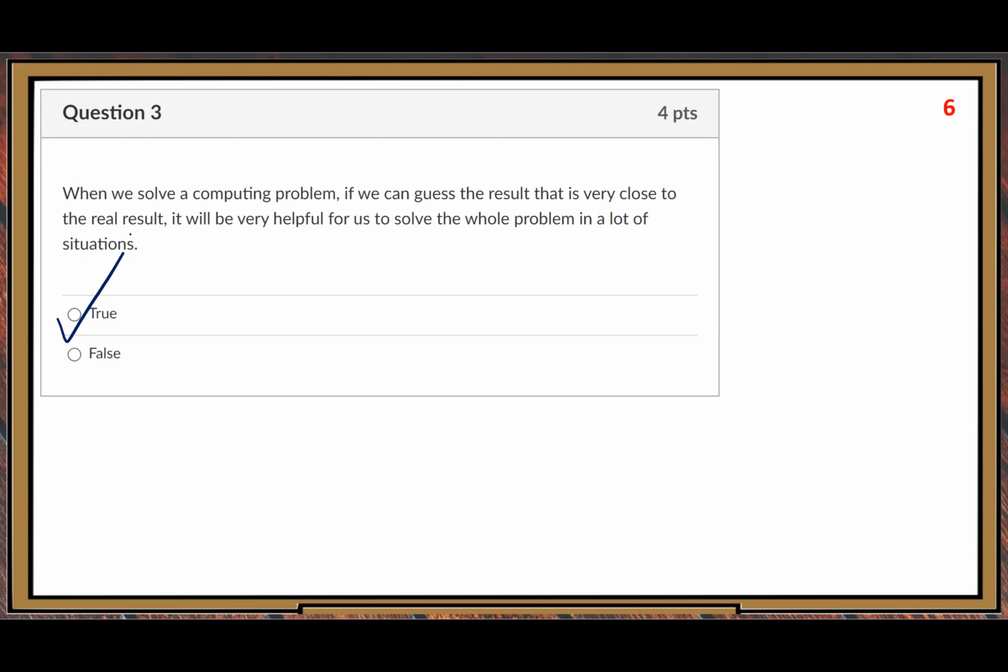Actually, in the string matching problem we make a guess and verify. Think about that, guess and verify. And as a general problem solving strategy.